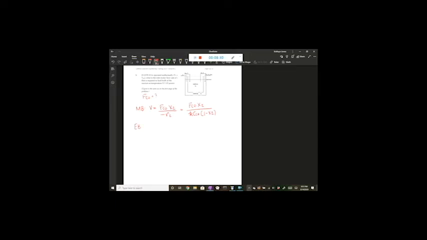Now, from our basic energy balance, if we are in an isothermal system, our basic energy balance becomes dE dt is equal to Q dot minus FA naught X delta HR.